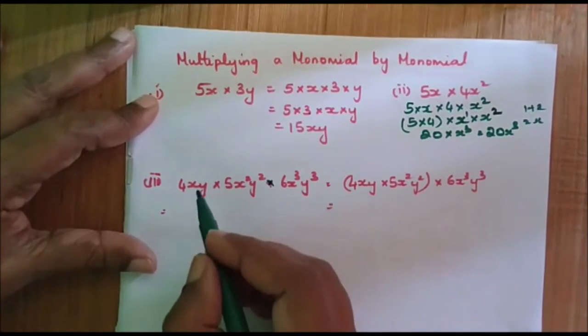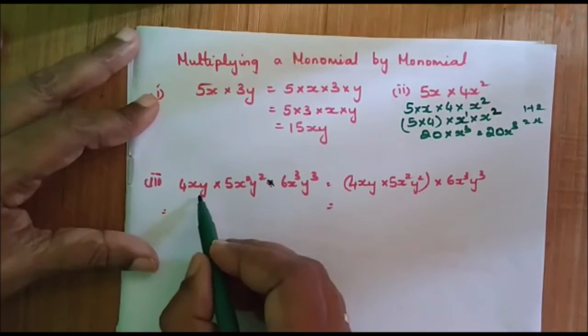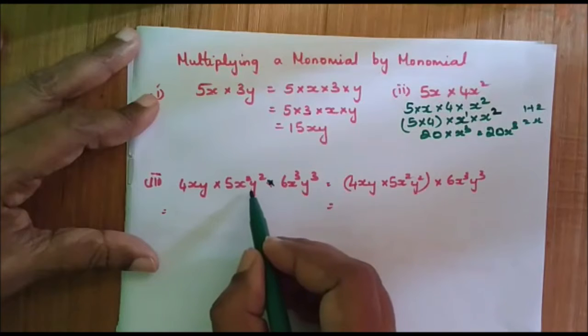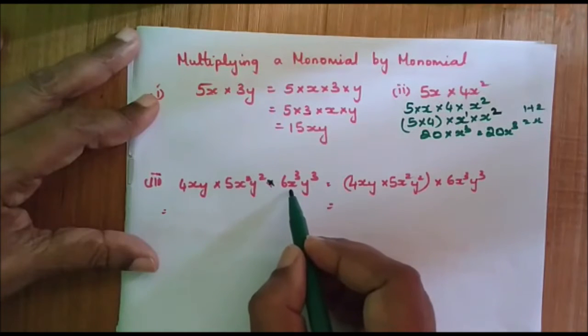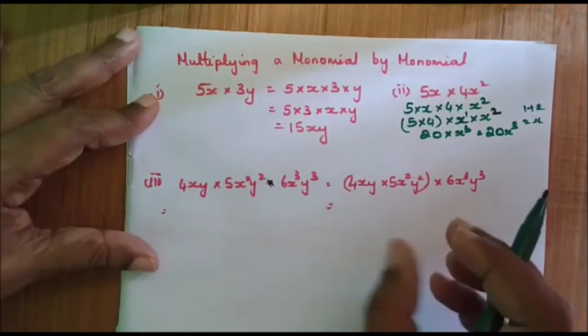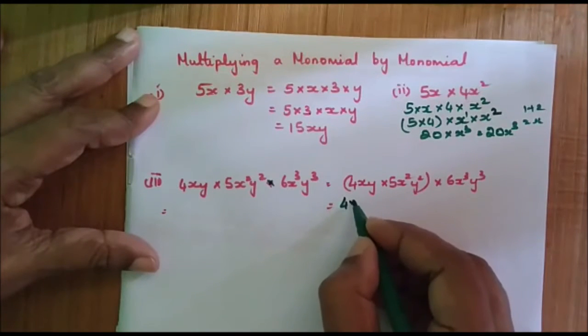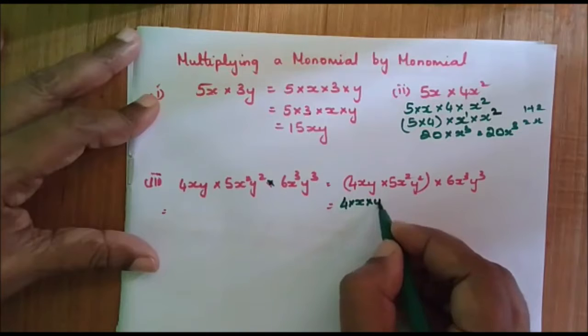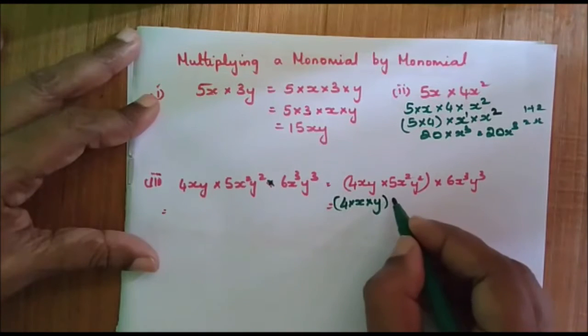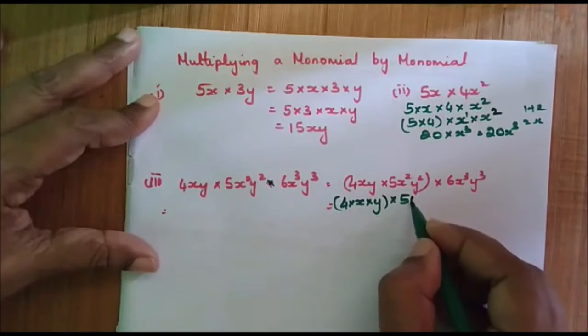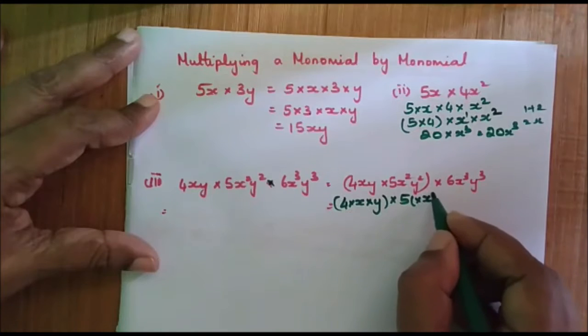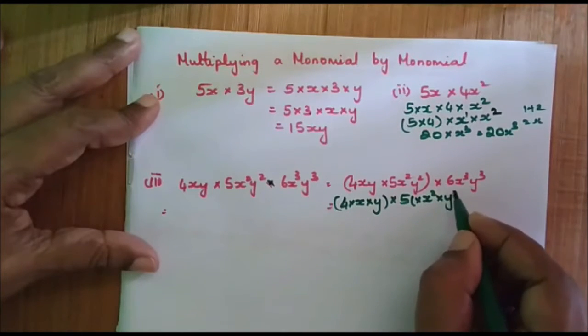Now let us take this example: 4xy into 5x squared y squared into 6x cubed y cubed. Let us take the first two terms. It is 4 into x into y, multiplied by 5 into x squared into y squared.